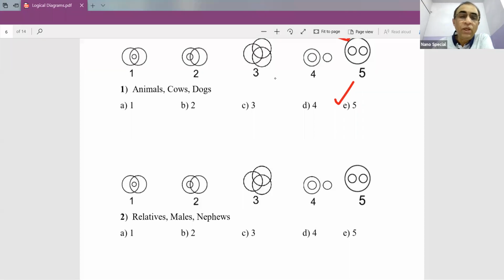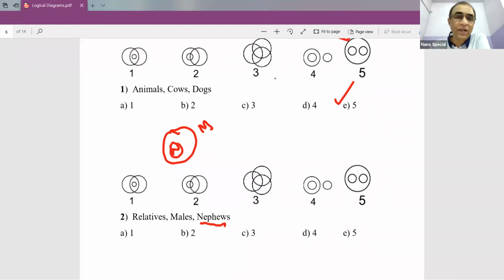Okay. So one thing we know is nephews. A nephew is an uncle's or aunt's son, a brother's or a sister's son. Nephew is a male, obviously. So there should be a relationship. If you're talking about nephews and males, the relationship should be like this. So nephews are a proper subset of males. And then relatives: obviously some of the relatives are males and all nephews are relatives.